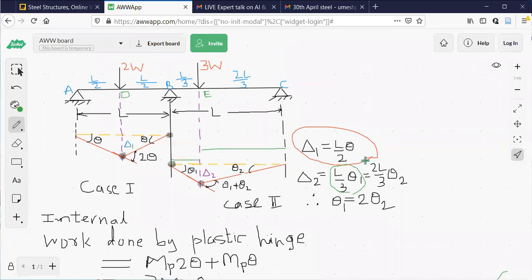I have written the second term, you can see there. Delta 2 is equal to L by 3 times theta 1, or it is 2L by 3 times theta 2. So this is how you can get it. So theta 1 in terms of theta 2 is theta 1 equal to 2 theta 2.